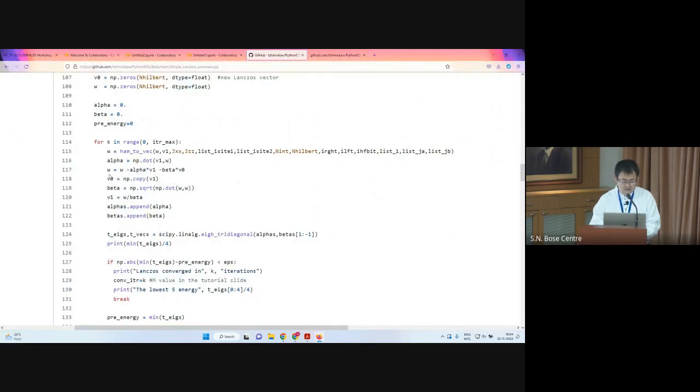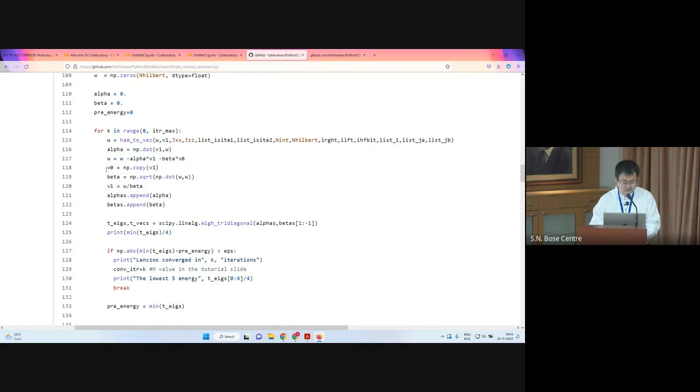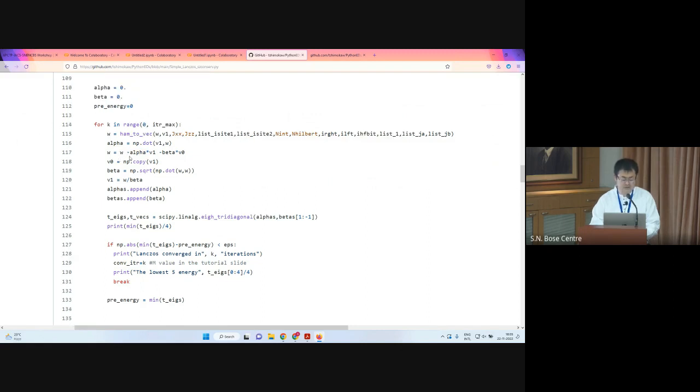After that, we should make the next Lanczos vector by using this sentence. W is now equal to the multiplication of the Hamiltonian matrix to the initial random vector. That means the Hamiltonian times V1 is stored in W first. Then we should subtract the information about the previous vectors.